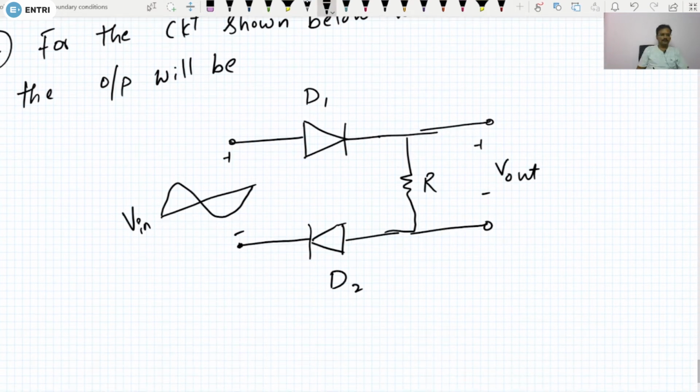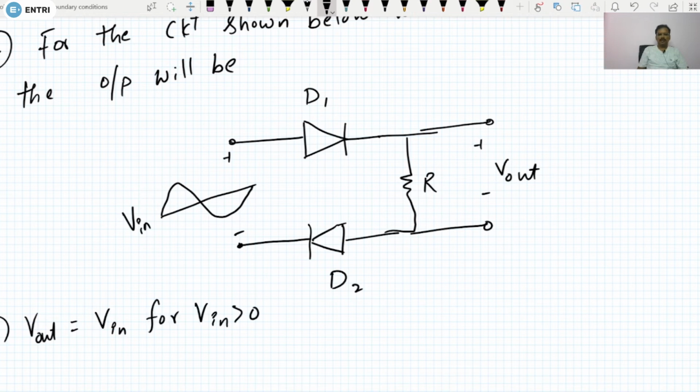Option A, V out is equivalent to V in for V in greater than 0. Option B, V out equal to V in for V in less than 0.